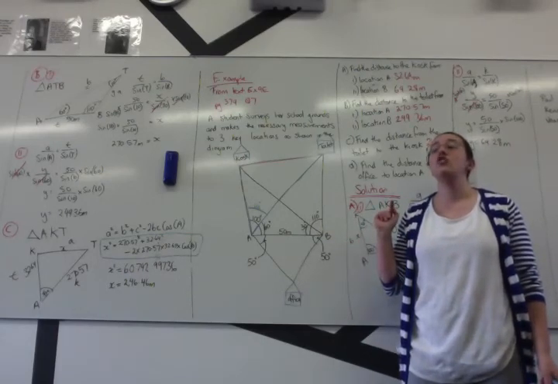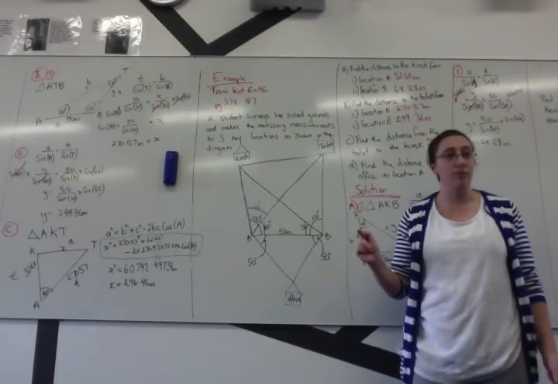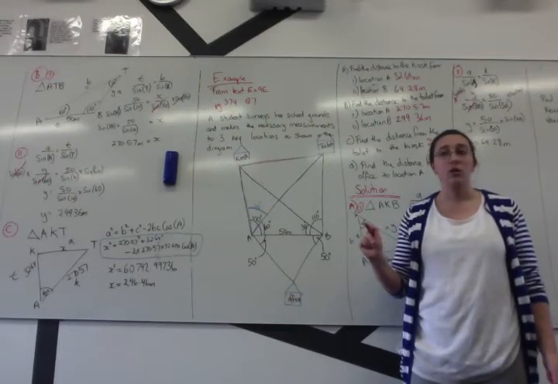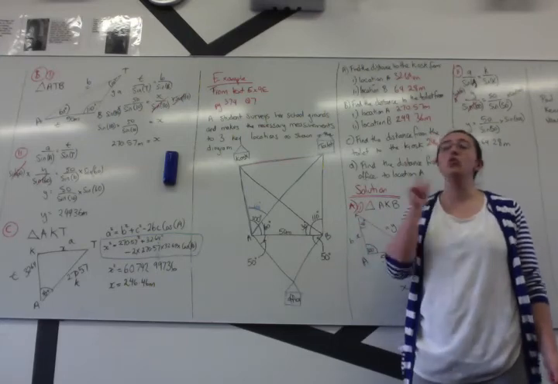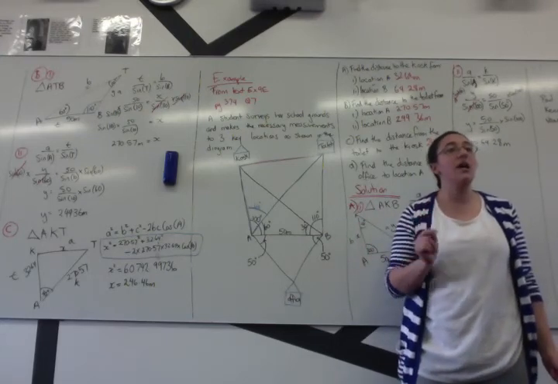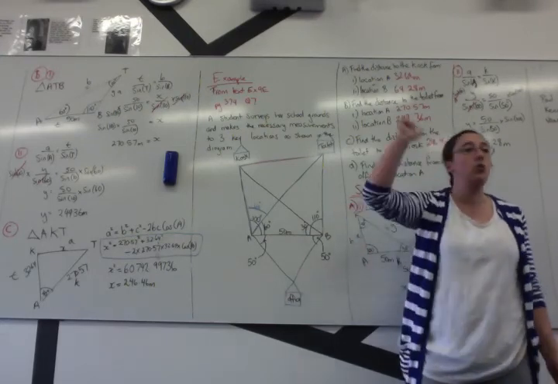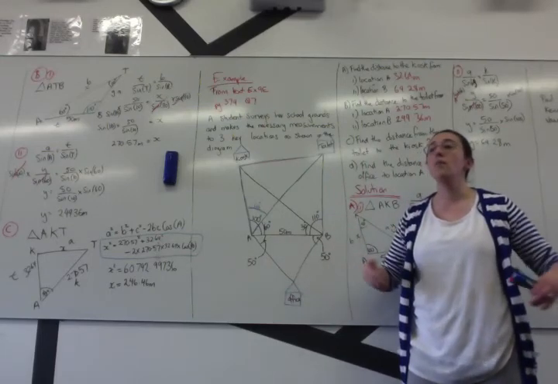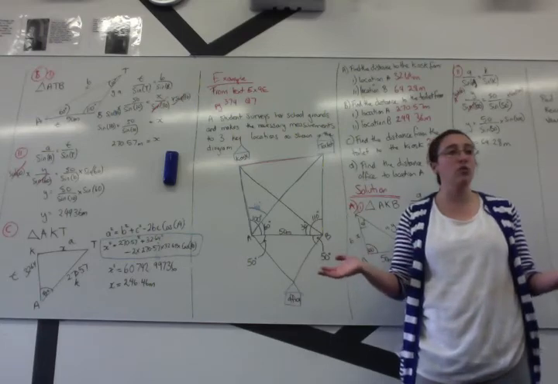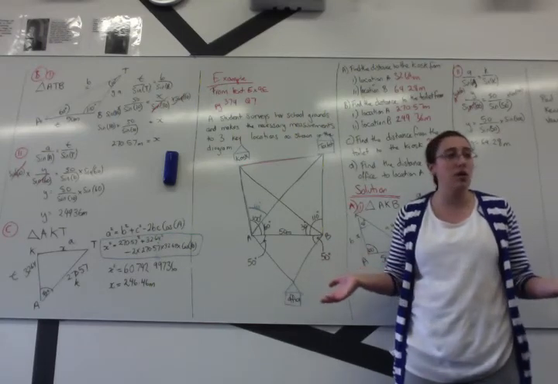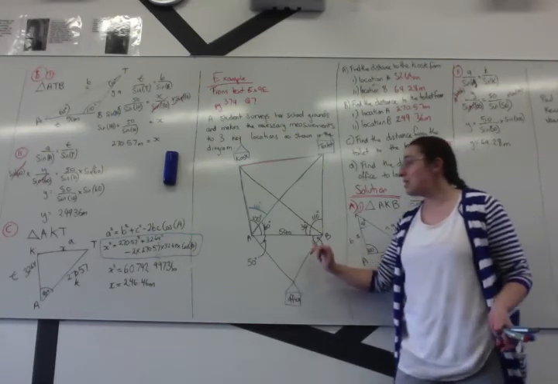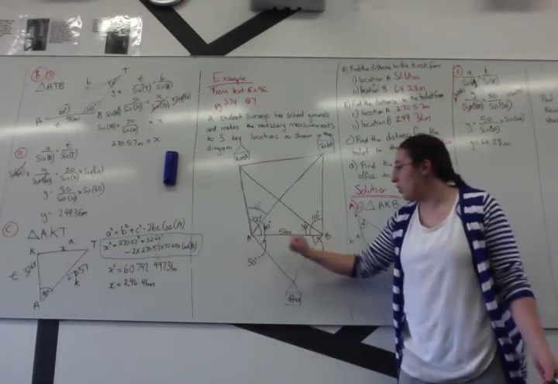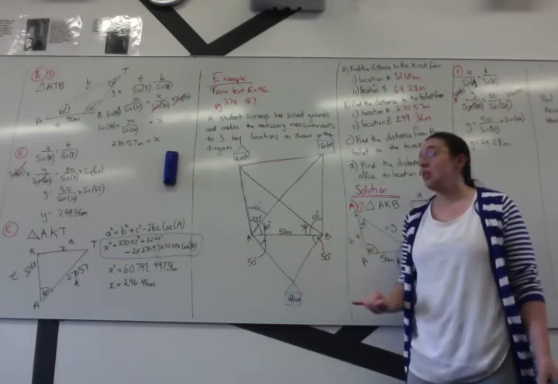An isosceles triangle. You need to be able to look at a triangle now and say it's an isosceles, it's an equilateral. If all the degrees are 60, automatically it's an equilateral. You don't even have to think about it. The sides are going to be exactly the same. This is an isosceles triangle. The two angles are the same.